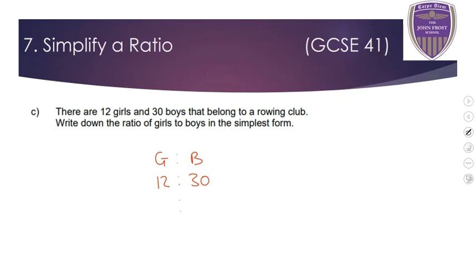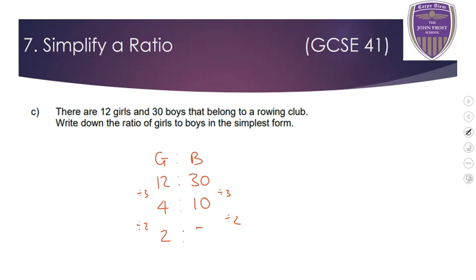So we're looking for the biggest number possible that we can divide 12 and 30 by. We can definitely divide by 3. So how many 3s go into 12 is 4. How many 3s go into 30 is 10. And that should not be our final answer. They're both even numbers. We can divide by 2. So how many 2s in 4 is 2.